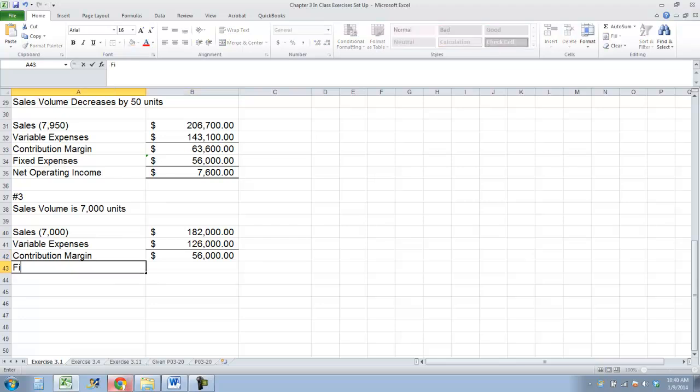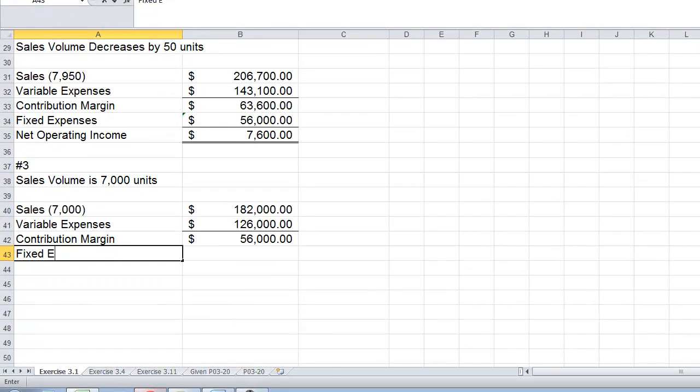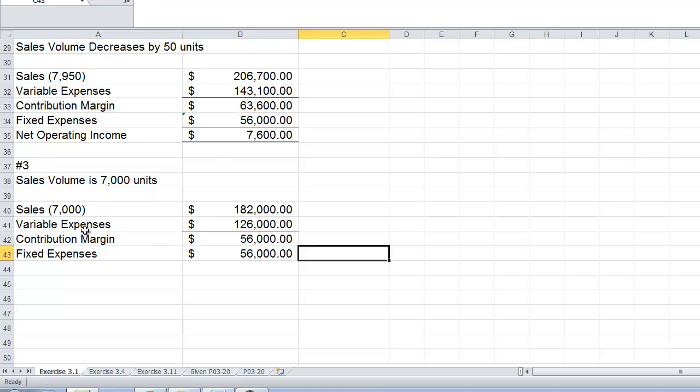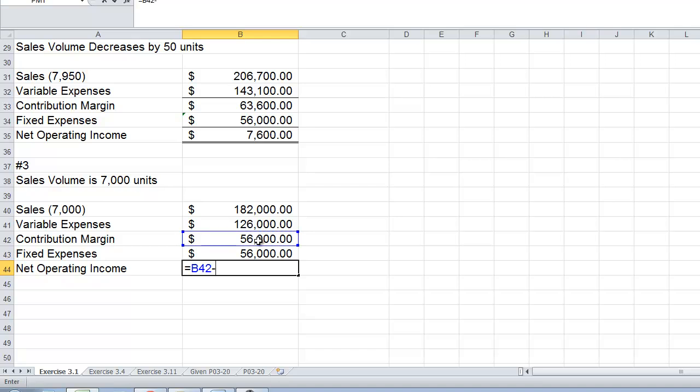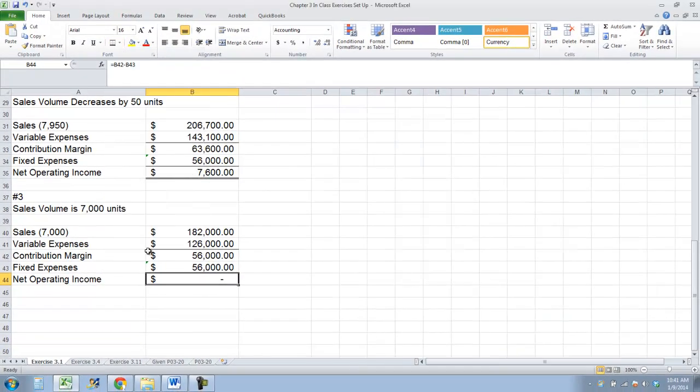Our fixed expenses are 56,000. So therefore, 7,000 units is our break even. It's the number of units we need to sell to have a profit of nothing. Or in other words, break even. That is exercise 1.